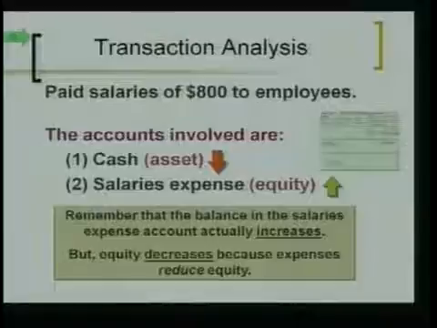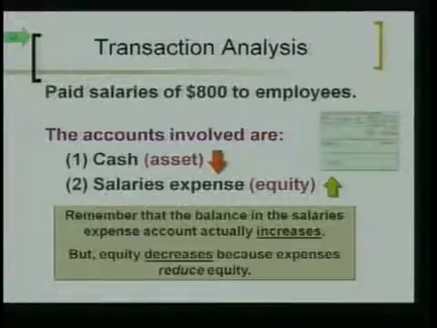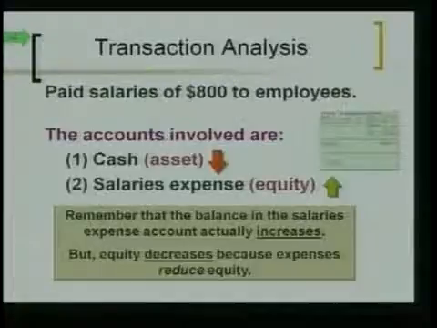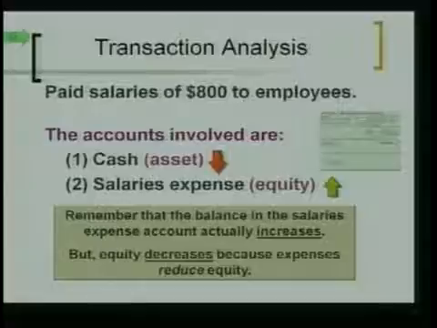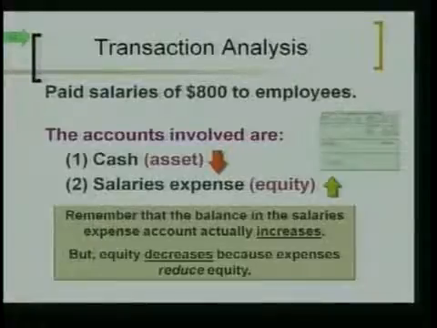Cash goes down because we paid out $800 to our employees, and our salaries expense went up. Okay? Salaries expense went up. Now remember that as salary expense account increases, equity decreases because expenses reduce equity.